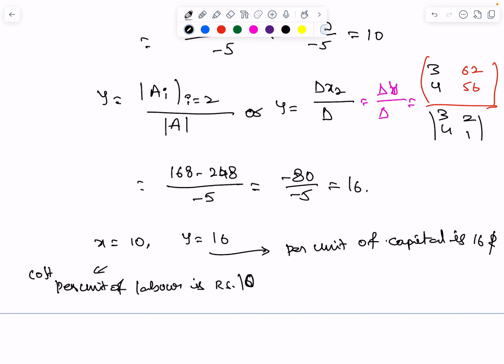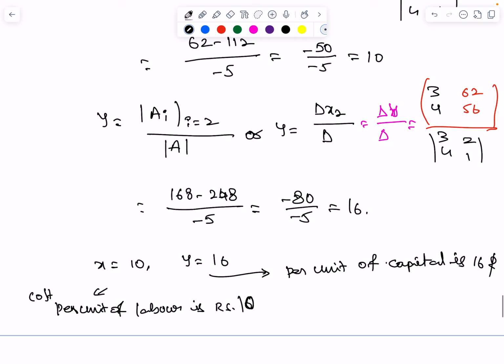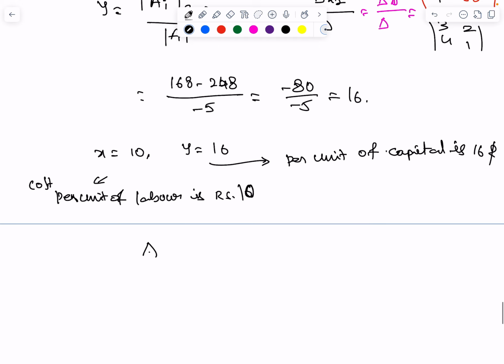So this solves the problem. You can solve problems in the same manner for an n by n system also. Suppose Ax equal to B, where A is n by n, x is n by 1 and B is n by 1.